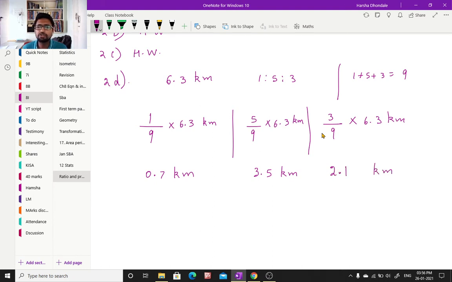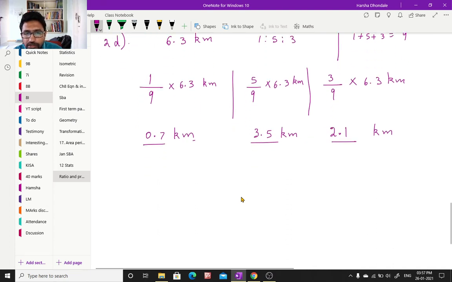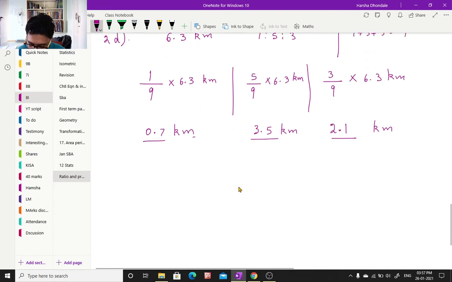Just in case you suspect that you have gone wrong, you can quickly verify whether you are right or wrong. Just add these three. You should get 6.3. That's all, and then you are right. So 0.7 plus 3.5 plus 2.1 should give you 6.3.